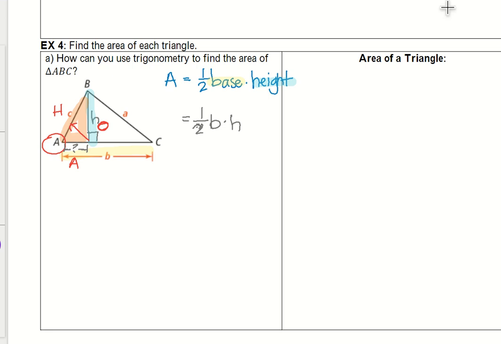So the two that I have variables for are O and H. So remember, with law of sines, we wrote like an equation for that height. We called it X though.